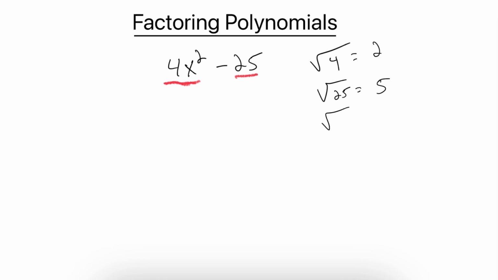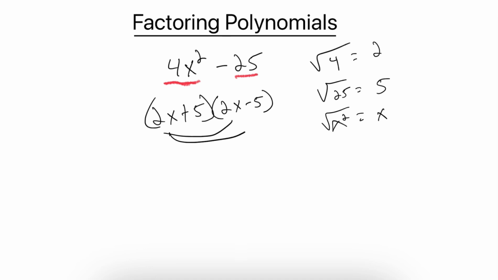And then the square root of x squared equals x. So our answer is going to be 2x plus 5, 2x minus 5. And that's another difference of squares problem.